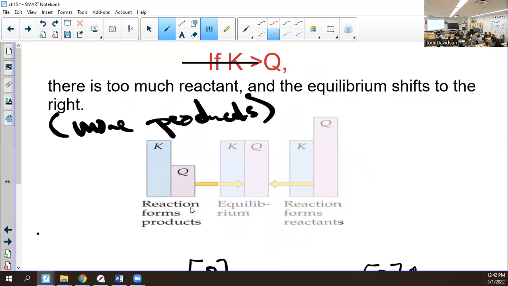If Q is greater than K, there's too much reactant and the equilibrium shifts to the right. We feel all right about this concept so far?